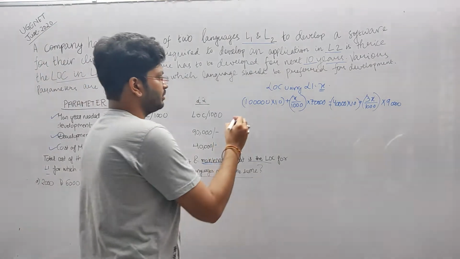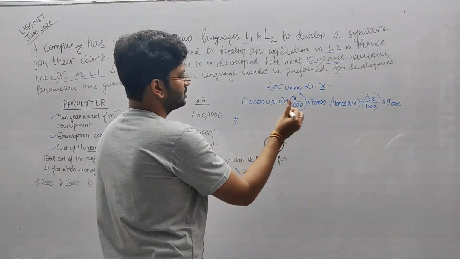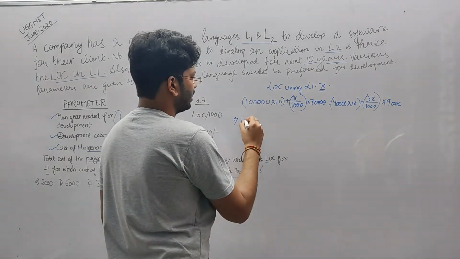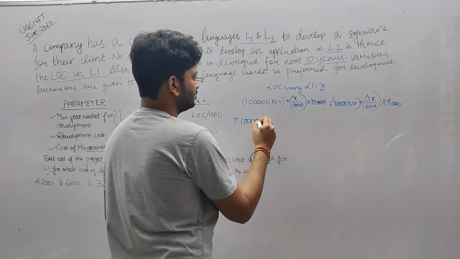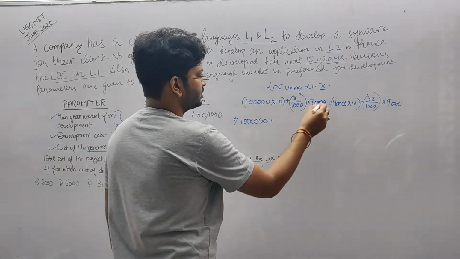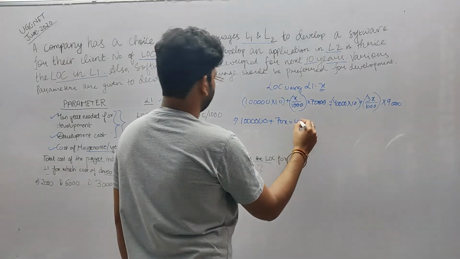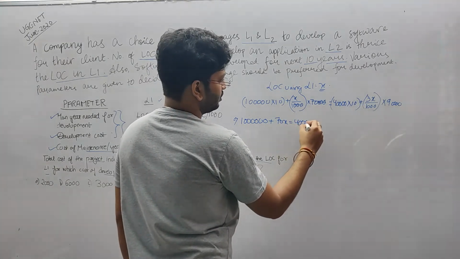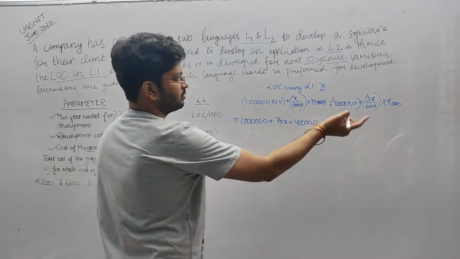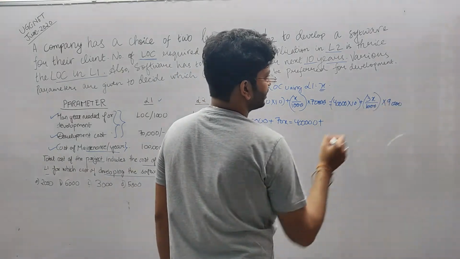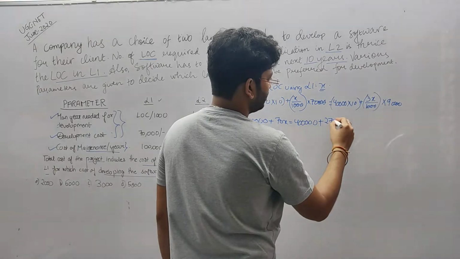Now I am solving it, which implies this part gets cancelled out. This is 1 lakh, so I am putting 6 zeros, plus 70x, which is equal to 40,000 into 10, that is 4 lakhs, plus this 0 gets struck out, we have 270x.